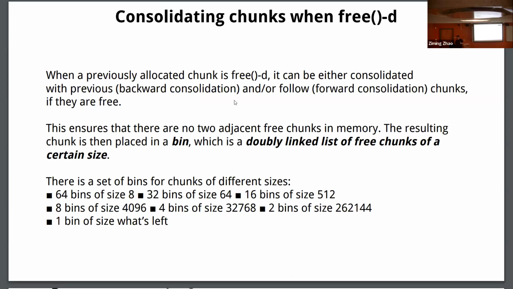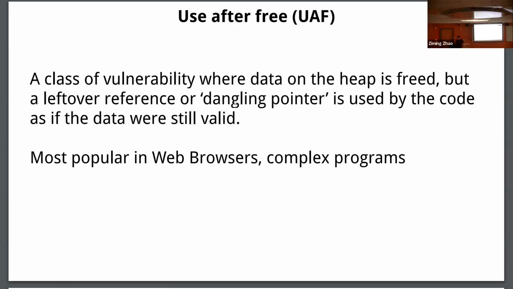And when we do that, we're not using a singly linked list. Tcache uses a singly linked list, so the two fields we have are next and key. For bigger ones, or if we are not using Tcache, the data structure is different.